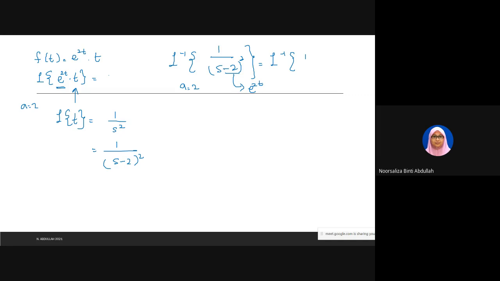Then this one will be just 1 over S squared. So we have here 1 over S squared, and you times it with the exponent 2t.